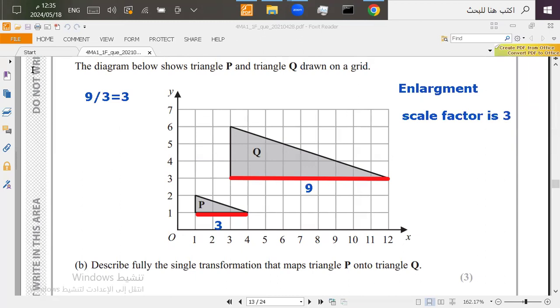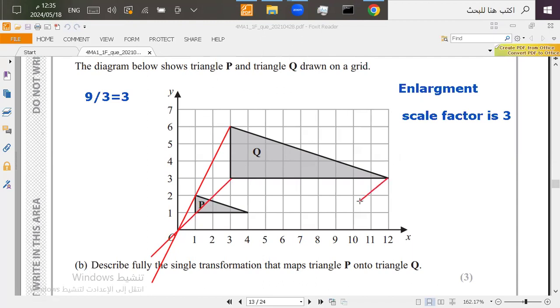How do we find the center of enlargement? First, let's erase these so I can show you. You have to connect all the points to their corresponding points. For example, this point here, I connect it to this one and continue beyond it like this. Same idea, I take this point and connect it to the corresponding point, and the word corresponding means the same point on the other shape.